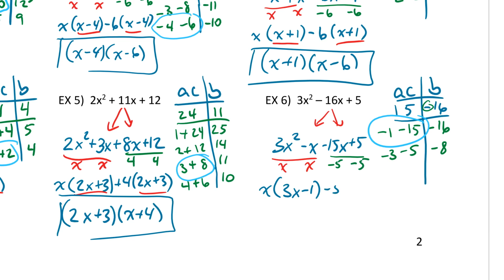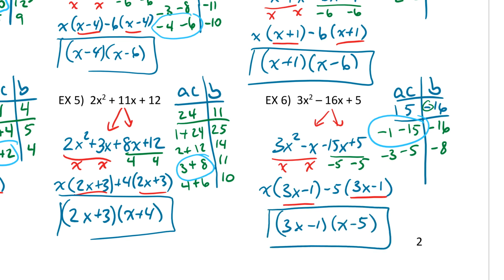So it's going to be negative 5 times 3x minus 1. Again, the insides are going to match. So since the insides match, we're going to have 3x minus 1 times x minus 5, and that'll be our answer.